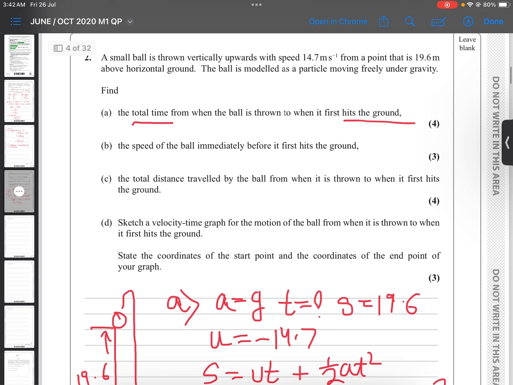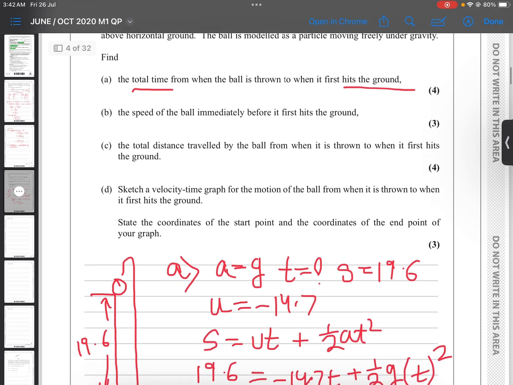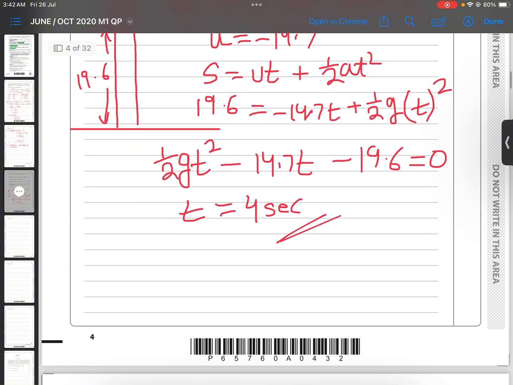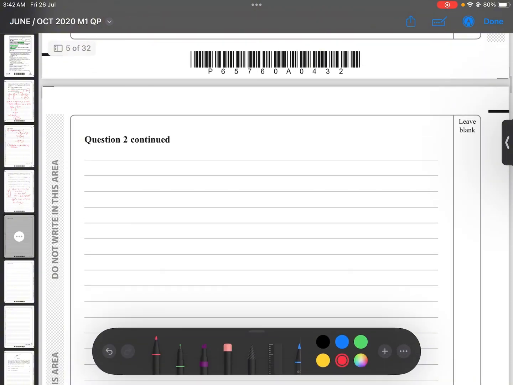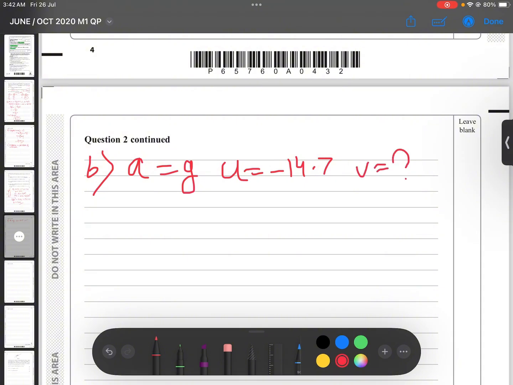Now, part B says the speed of the ball immediately before it first hits the ground. So basically, they want the final velocity from us. So let's start again. Part B, acceleration, it's still falling down, so it's still taken positive. My u, initial velocity, is still negative. And final velocity is what we are searching for. We have s, 19.6.